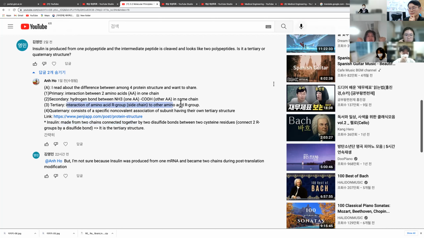But the insulin chains are not tertiary structures. It's just like secondary structures connected together. So this will become the tertiary, not quaternary structure. Oh, okay. Yeah, as I understand. Okay. Yeah, I mean, that's a good theory. I agree with you for now.